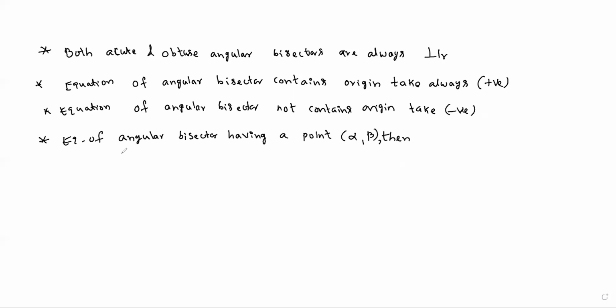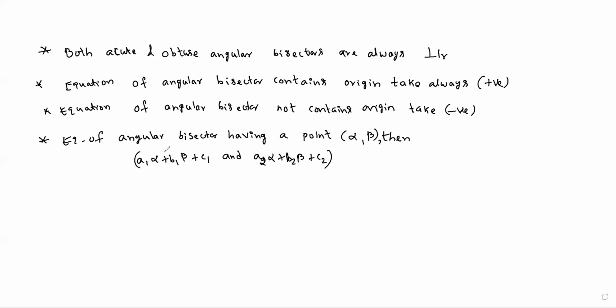Now we already know the first line and the second line. I will substitute alpha, beta in the line expressions. That means in a1x plus b1y plus c1 equal to 0, in that expression, we substitute alpha, beta. That is a1 alpha plus b1 beta plus c1, and the next value, a2 alpha plus b2 beta plus c2.